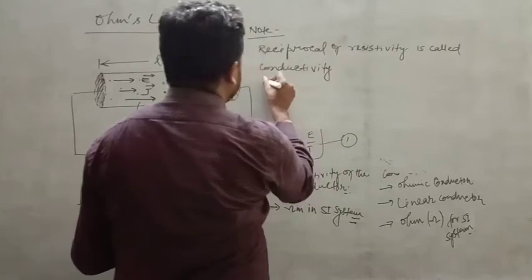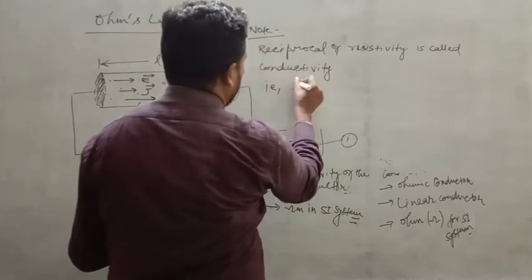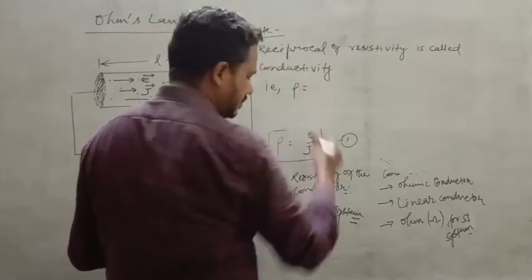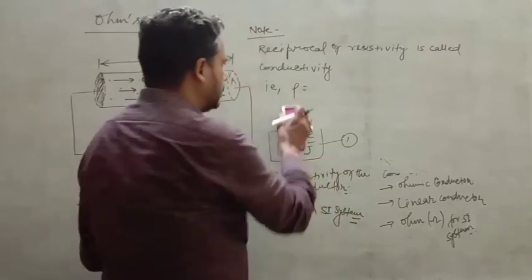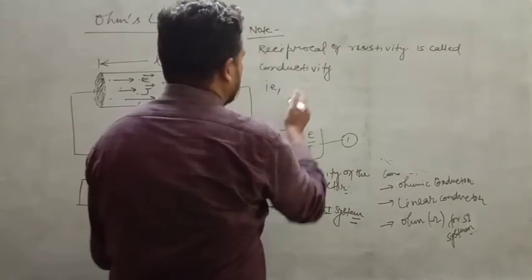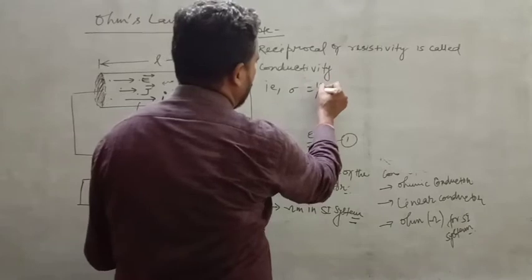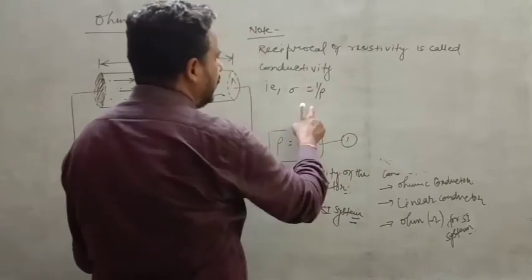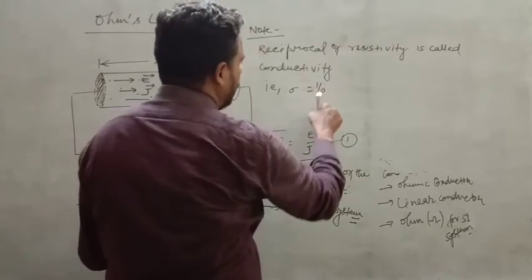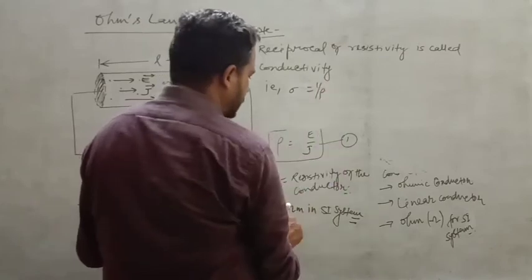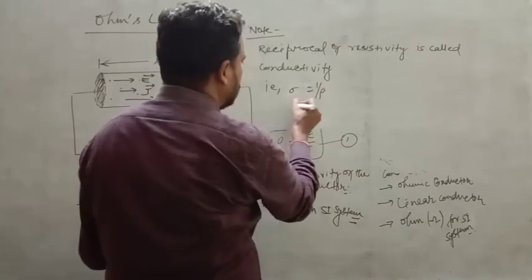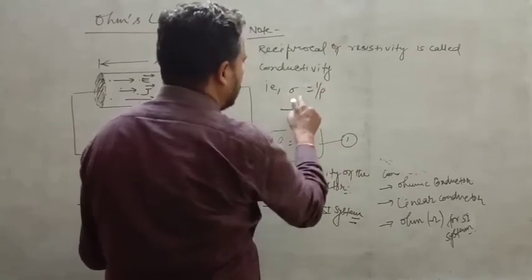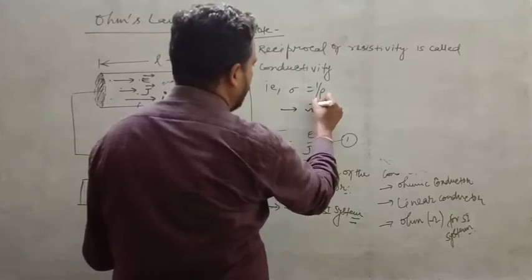That is, sigma is equal to 1 by rho, and we know that the unit of resistivity is ohm meter. So the unit of conductivity would be per ohm per meter.